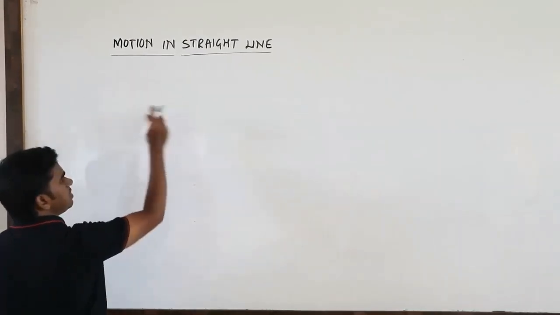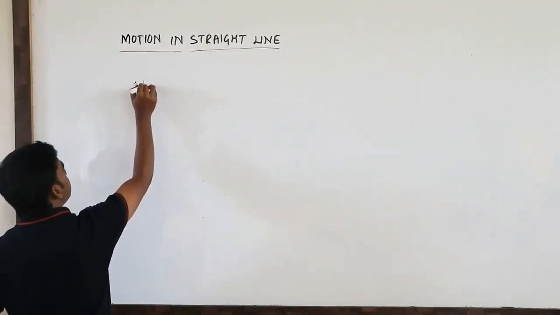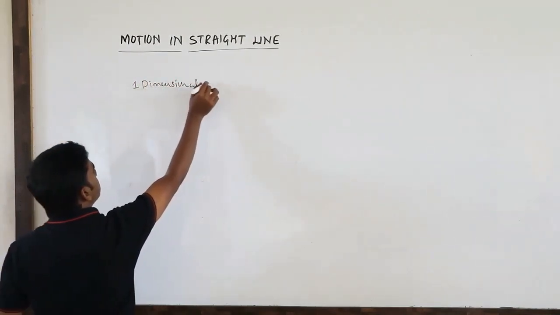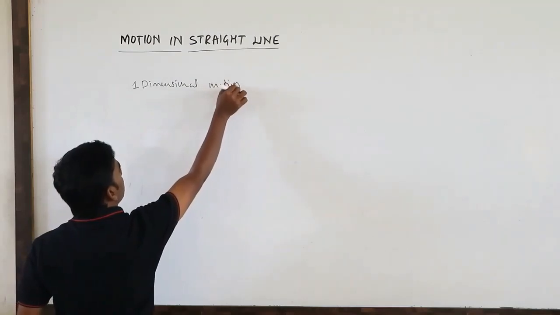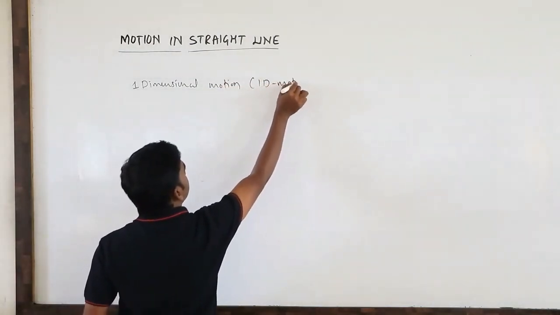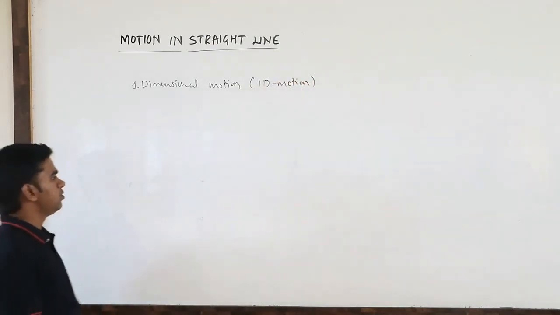What is one-dimensional motion, two-dimensional motion, or three-dimensional motion? First we'll see one-dimensional motion, or simply 1D motion. What exactly is one-dimensional motion?